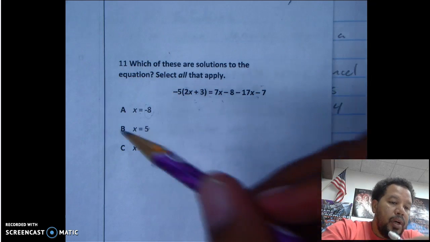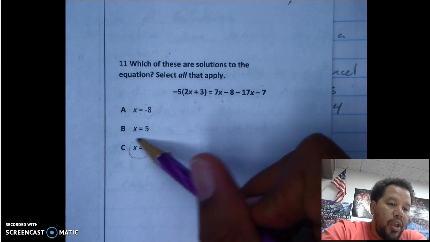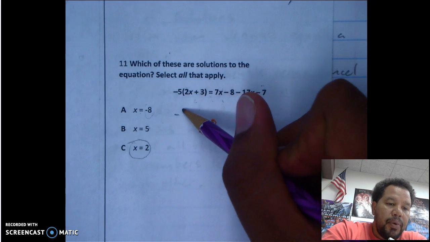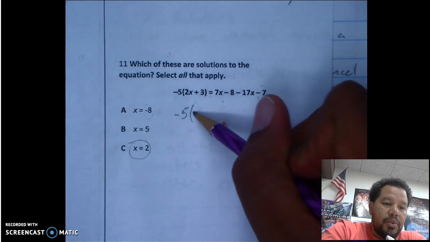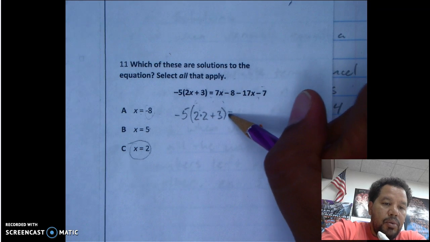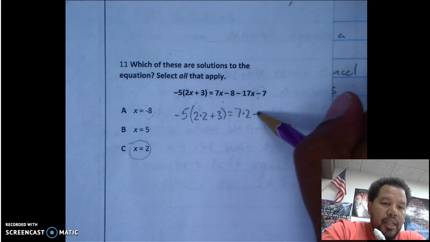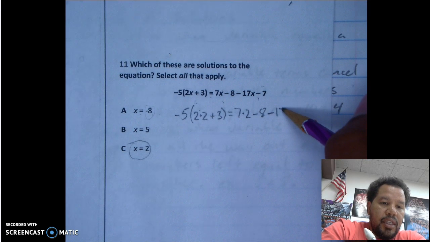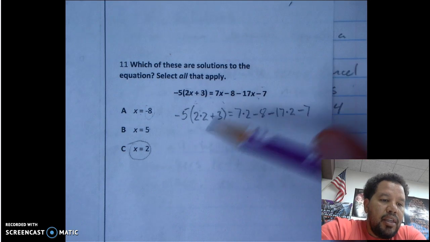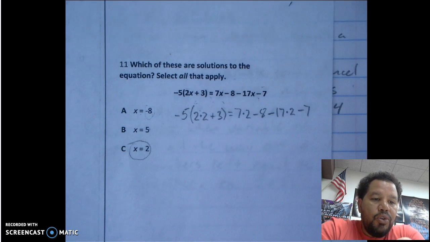Or maybe I'll do one. I'll do the small number right here. So all you have to do is check the other 2. I plug in 2. So I put -5 times 2 times 2 plus 3 equals 7 times 2 minus 8 minus 17 times 2 minus 7. See, I plugged in the 2 for all the x's, and now I use my order of operations.